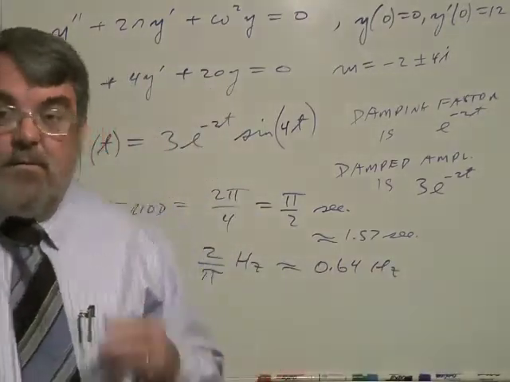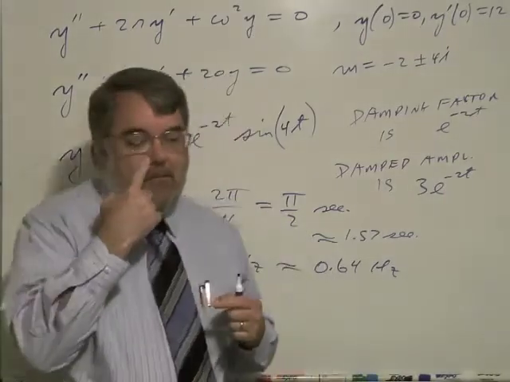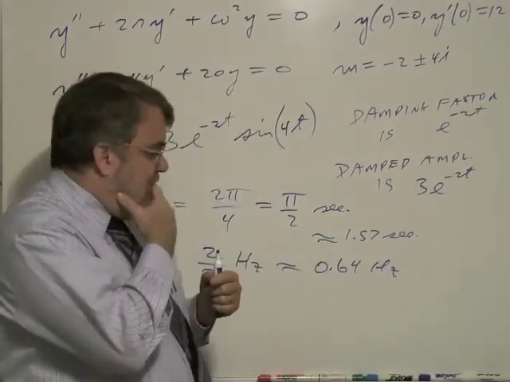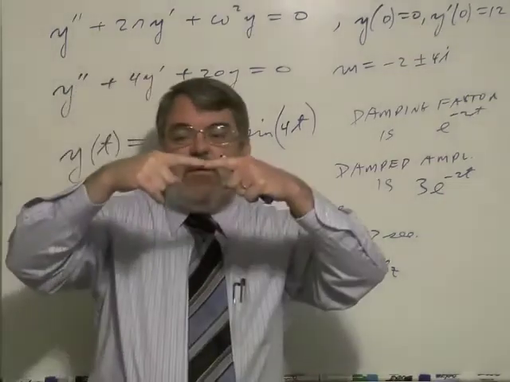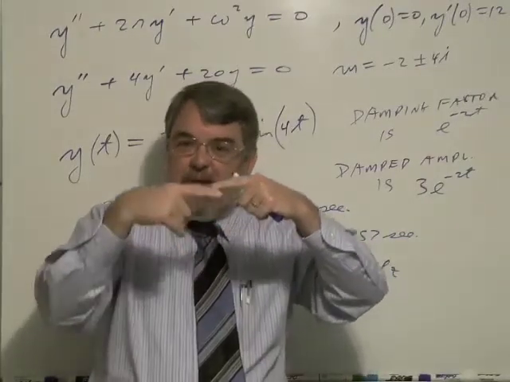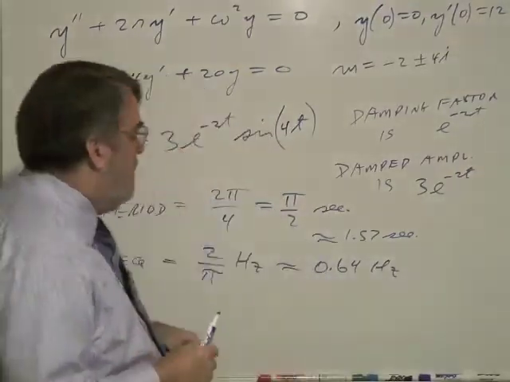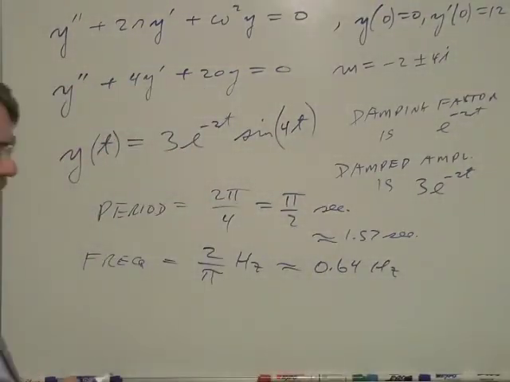So in terms of frequency, that means it does 0.64 vibrations in 1 second. Okay, not a full oscillation or vibration, but only a little over half of a vibration.